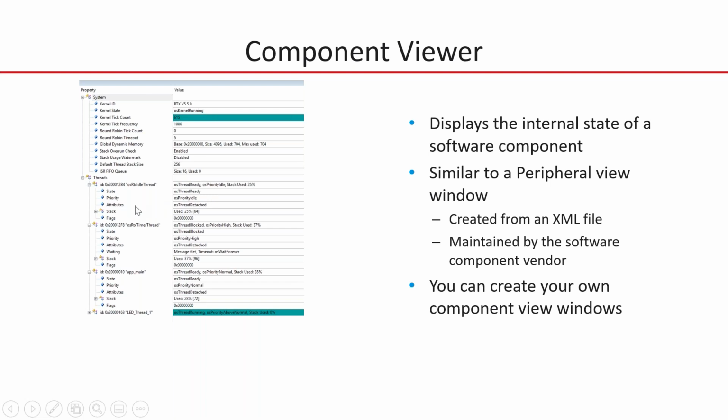So we can see how the code is executing in here. So many of the Keil middleware components are instrumented so that we can see these views. And here we can see the stack usage, and also the maximum stack usage is available as well if we enable it. Now you can design these for yourself as well, and we'll have a look at doing that in a later webinar.